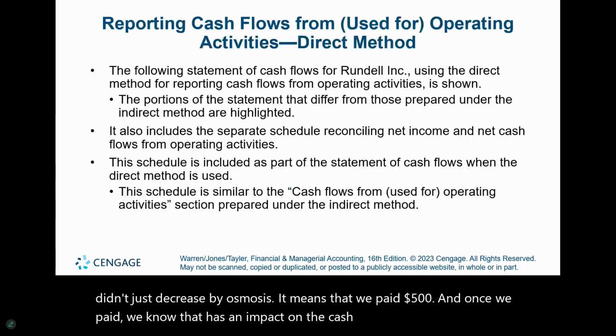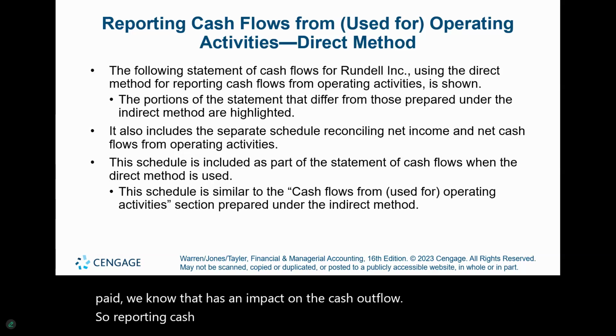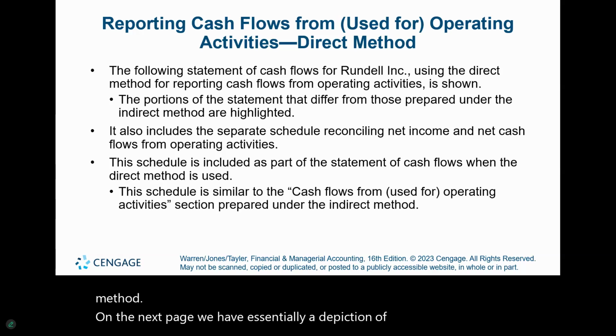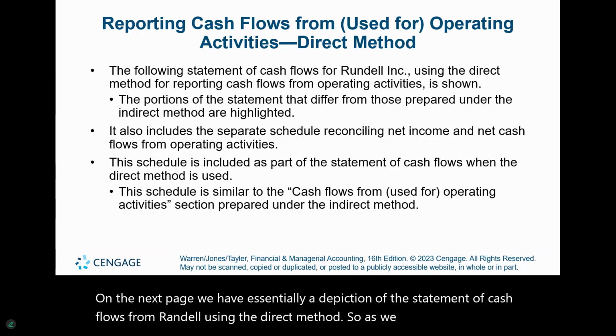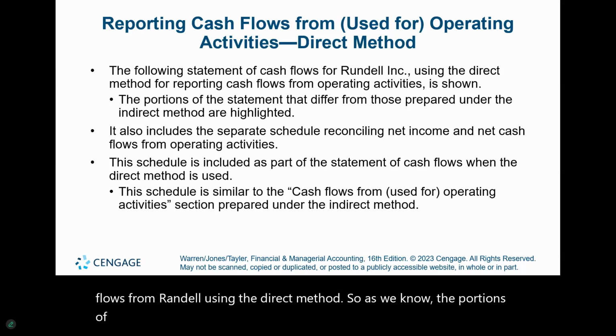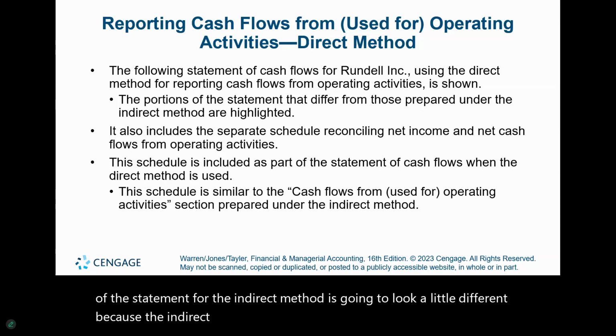So, reporting cash flows from or used for operating activities with the direct method. On the next page, we have essentially a depiction of the statement of cash flows for Rundell using the direct method. The portions of the statement for the indirect method are going to look a little different, because the indirect method and the direct method, as we mentioned, is the key difference.